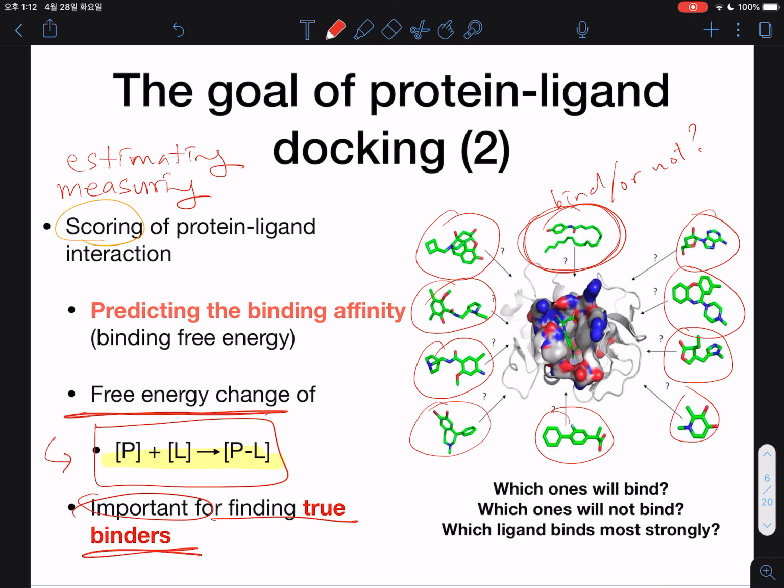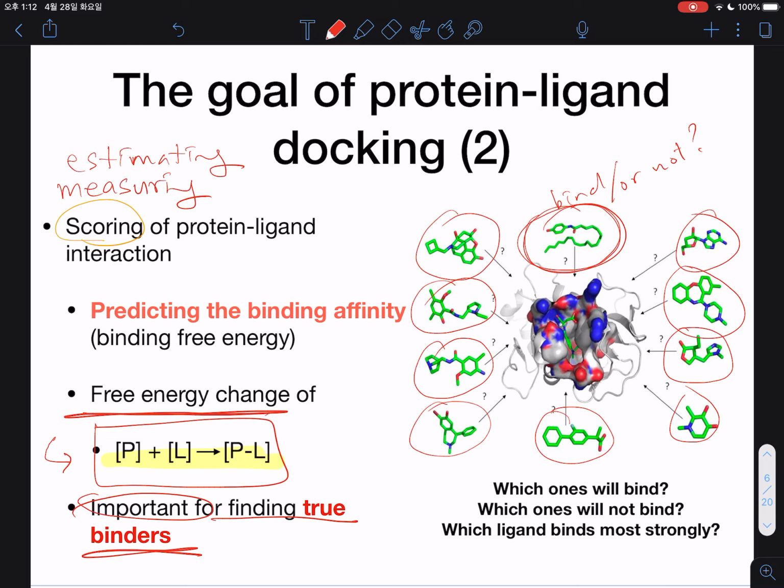But if we actually do some biochemical experiment, then we can discriminate. We can identify which ligand will actually bind to a protein. But doing that biochemical experiment is quite expensive, time-consuming, and labor-intensive also.